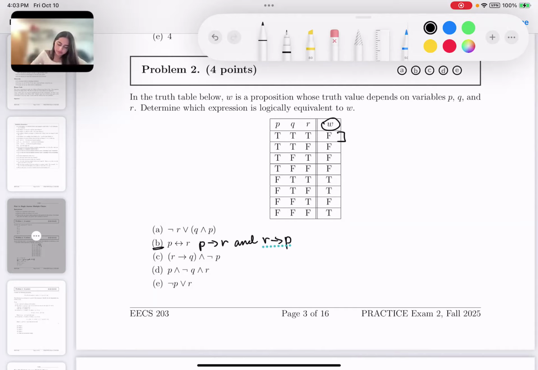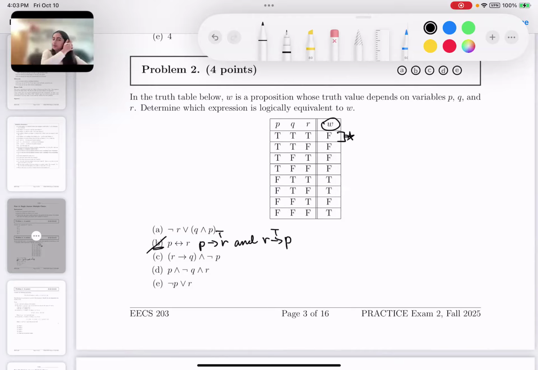So we have true implies true and true implies true again. Both of these evaluate to true, and so we have true and true, and the output should be true. However, if we look at the first row over here, that's going to be false. So we can cross this out.